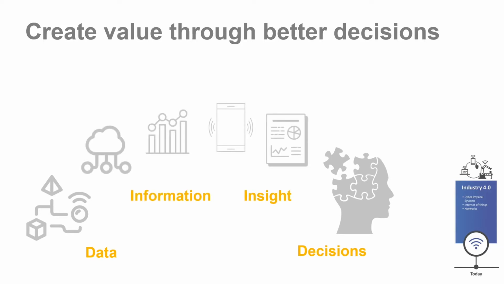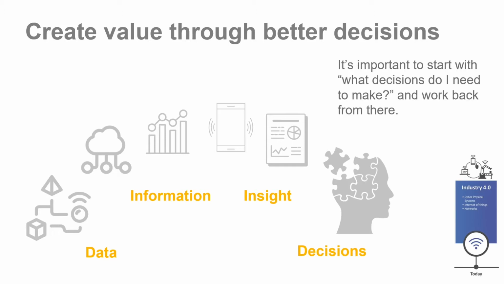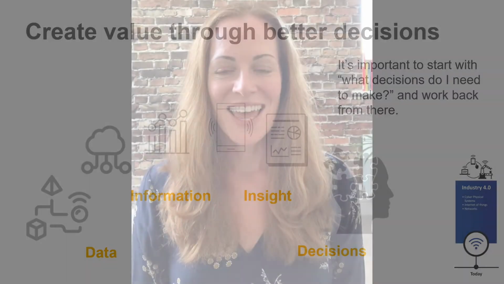So we have to turn data into useful information to create insights and then inform our decisions. And it's always important that you start with what decisions you're trying to make and work back from there. Now, remember from our second module, Start with Why? Well, Start with Why comes back again. Why do we need the data or technology?